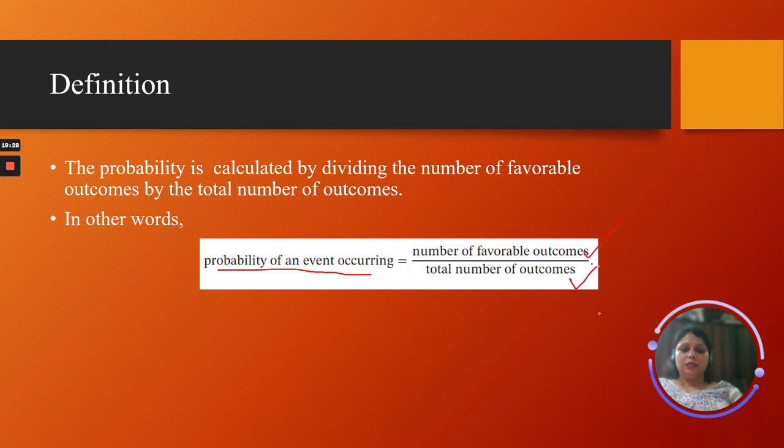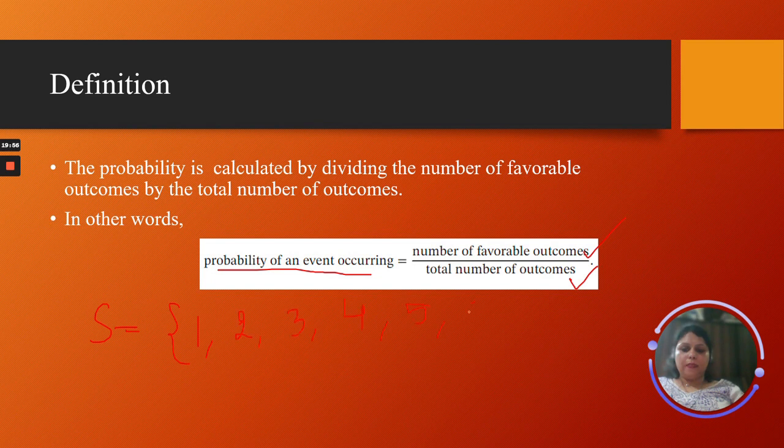We know that the sample space S, we can put up all the possible outcomes here. So these are all the possible outcomes. We are going to get 1 or 2 or 3 or 4, 5, 6, right? So total number of outcomes is 6.